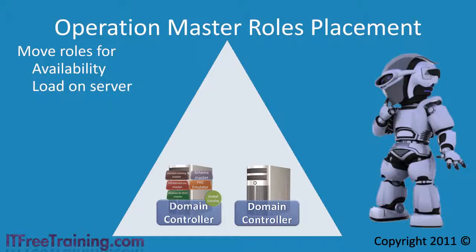On some networks, these two roles could be offline indefinitely if the schema was never changed or domains added or removed. If these roles are not available for a long time, you will get error messages in the event log that these roles are not available, but this will not stop your network from running.